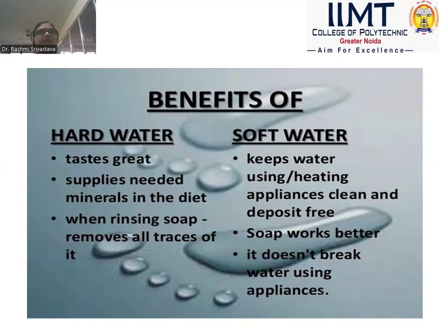The chemical reactions will proceed smoothly in the presence of soft water. The chemical reactions get interrupted or disturbed when we use hard water, and it gives the wrong result.